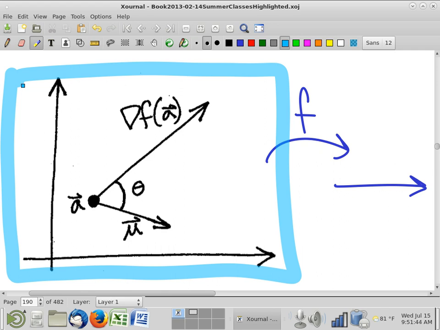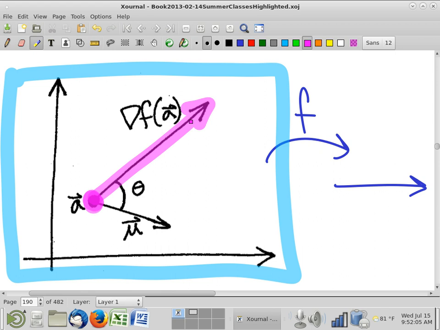And I want to think about what's happening at a particular point, at that specific point A. At that point A, I can talk about what the gradient of the function f is. Of course, the gradient is some vector pointing in some direction, whatever that means.